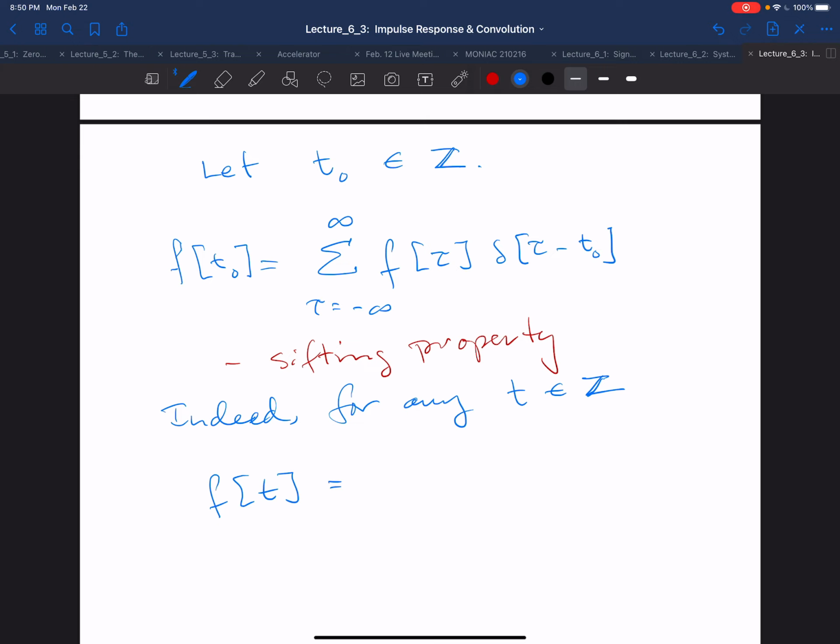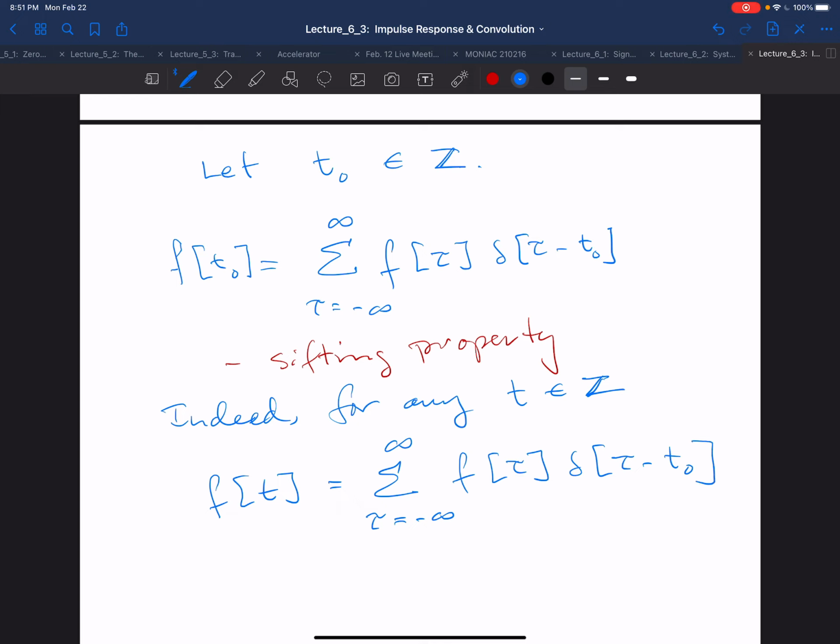Then for the same reason, we have f of t is equal to this sum from tau equals minus infinity to infinity of f of tau delta of tau minus t naught. That's just the same equation.